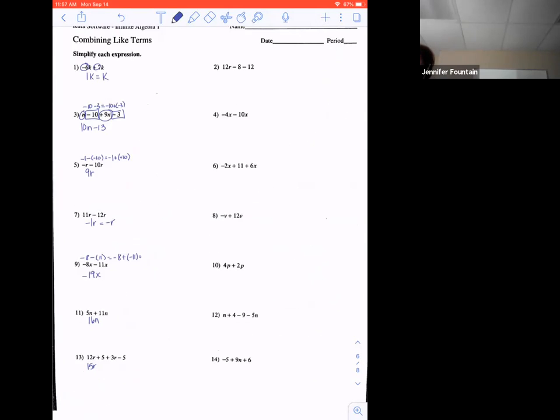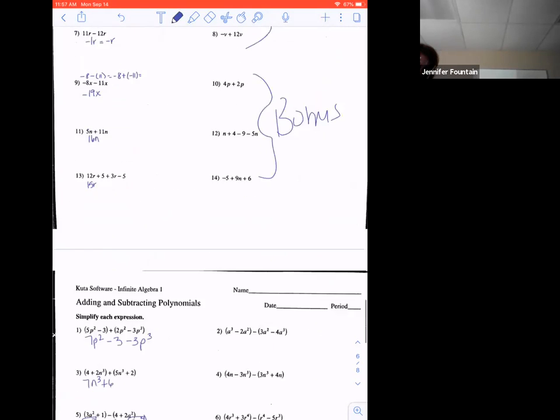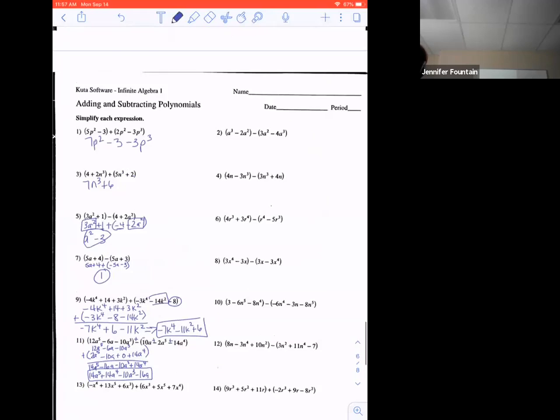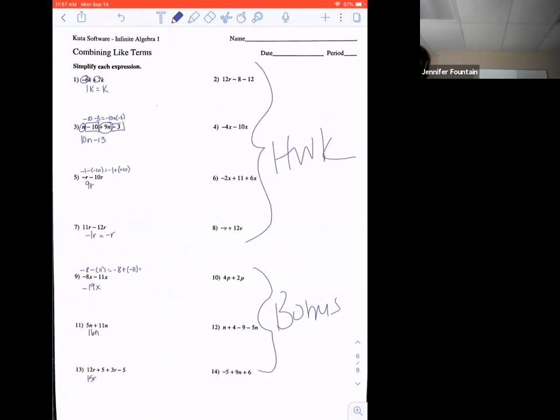Combining like terms. 2, 4, 6, 8 are homework. 10, 12, 14 are bonus.